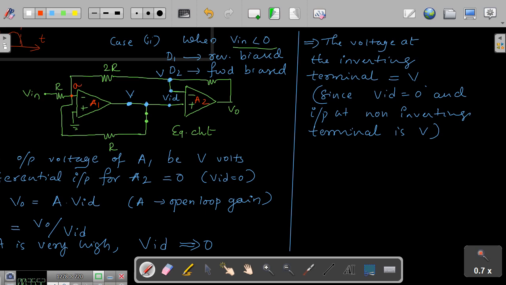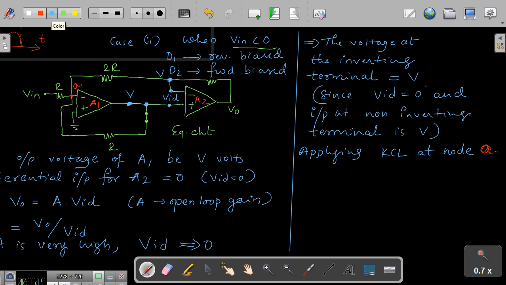I call this terminal A. So now I will start applying KCL at node A, applying KCL at node A.